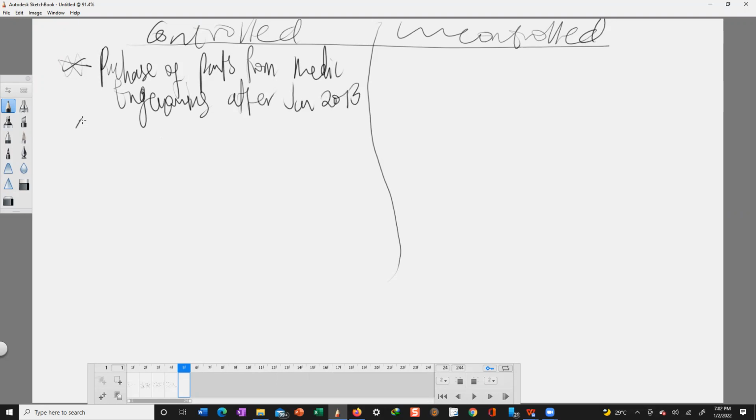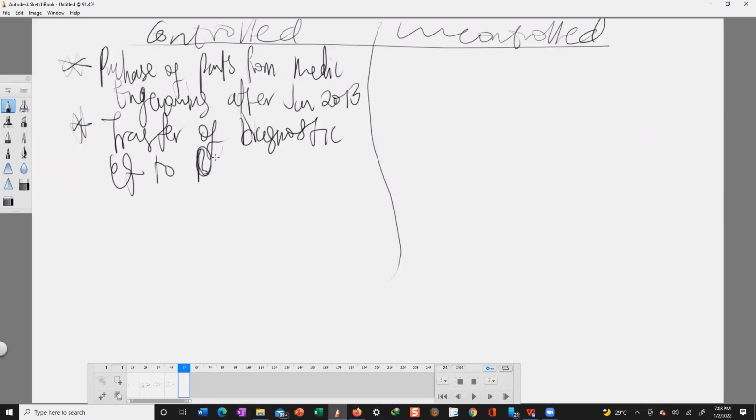Transfer of diagnostic equipment to branch or office in SA. Okay, these are the controlled transactions that we saw there.